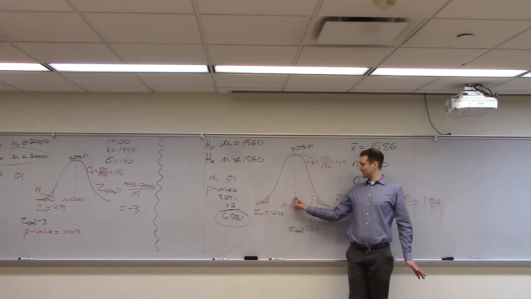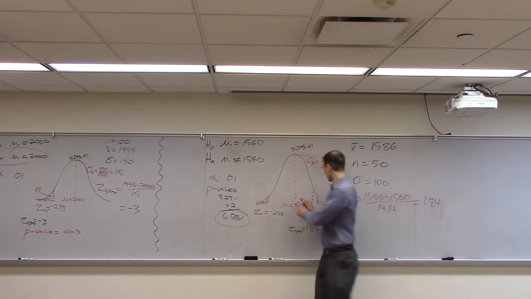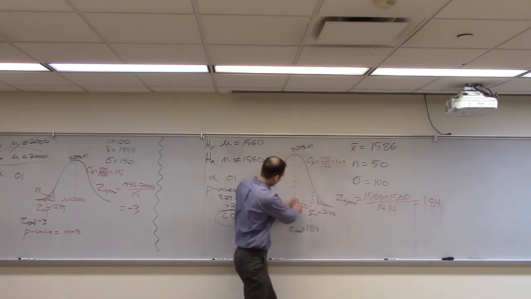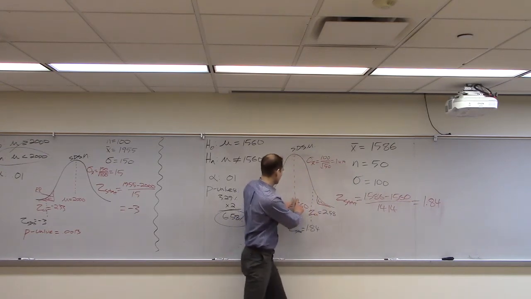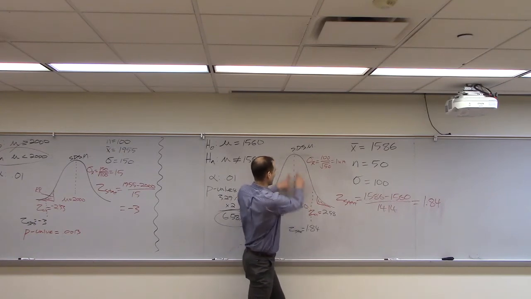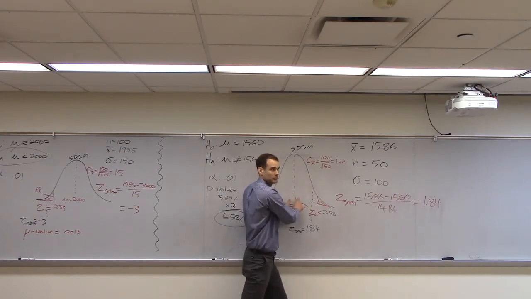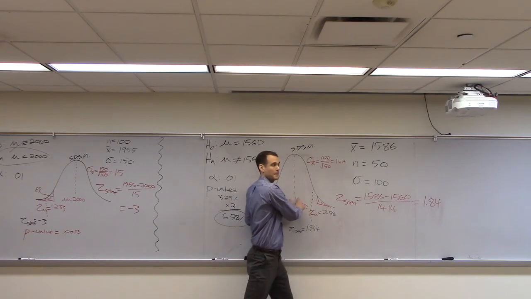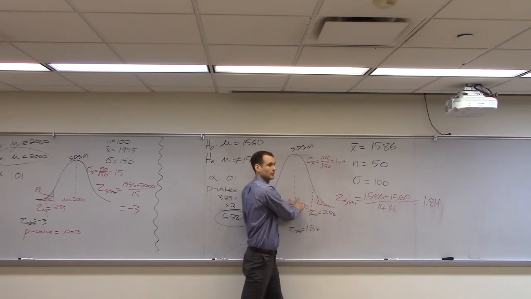Think of it like, if we go 5% here, there's like a 10% chance we would be within 5% of the sample mean. So it could be greater than that, or lower than this.